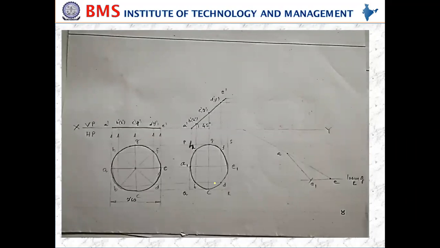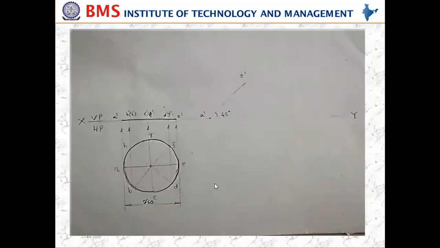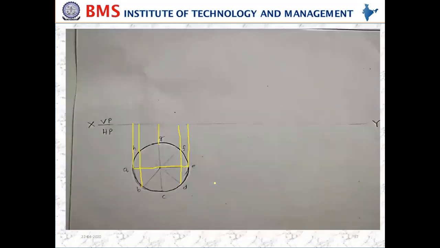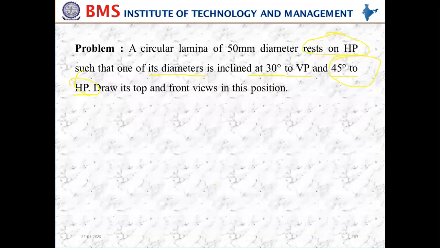Because the problem given is that the diameter is inclined at an angle of 30 degrees to VP. When the diameter is inclined 30 degrees to VP, you need to look at whether it represents the top view or apparent inclination, or the true inclination of the diameter.